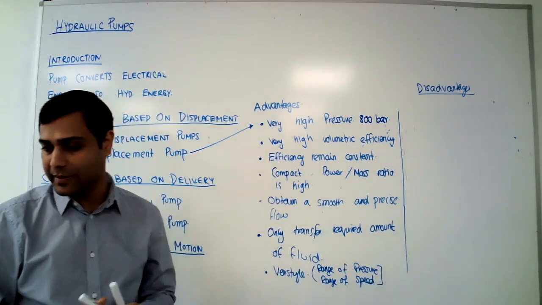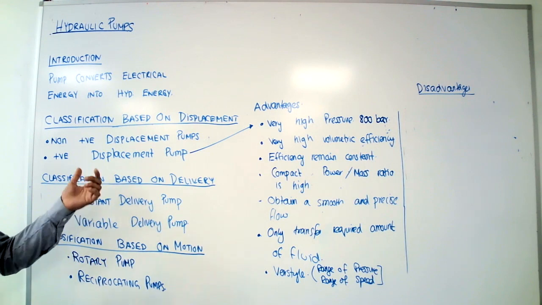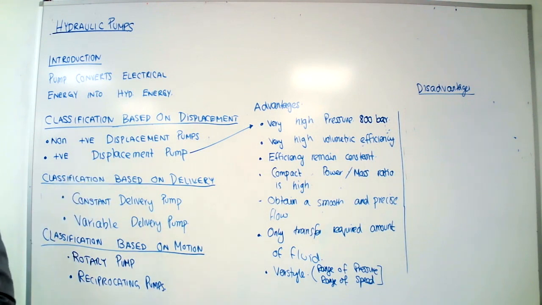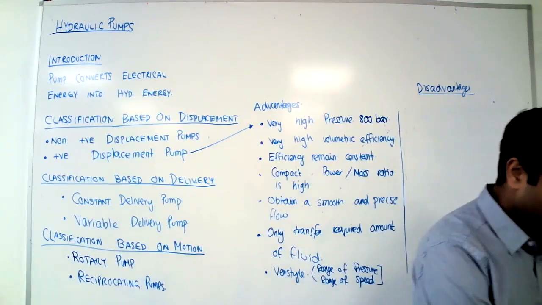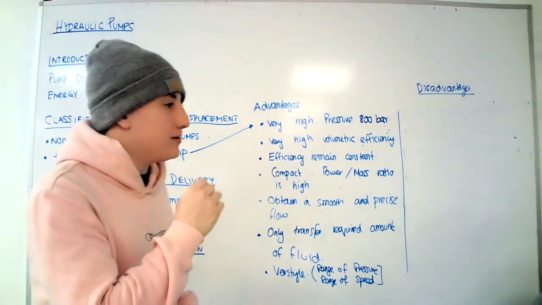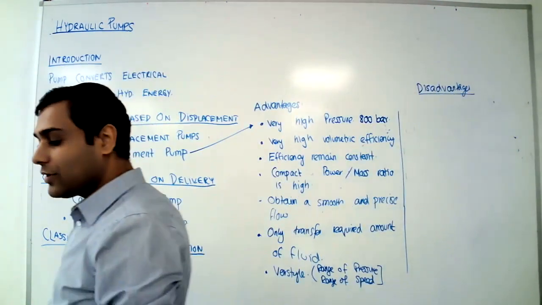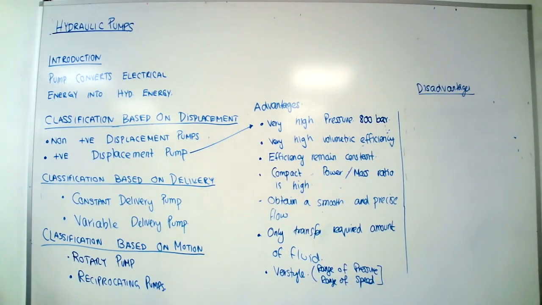Range of pressure, range of speed. Then we got the classification of the positive displacement pump based on the delivery. We got constant delivery pumps and variable delivery pumps.